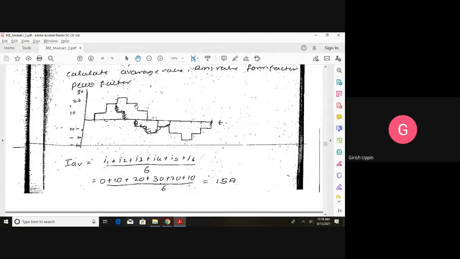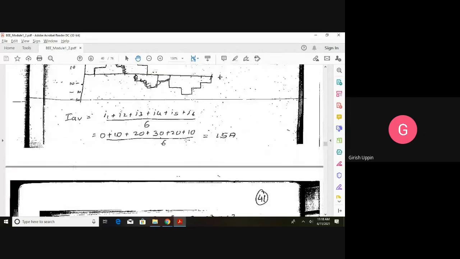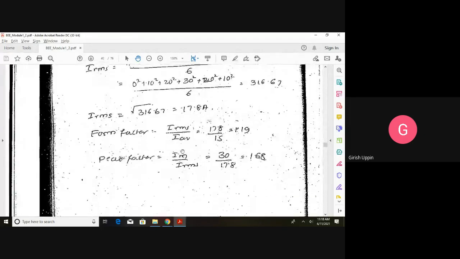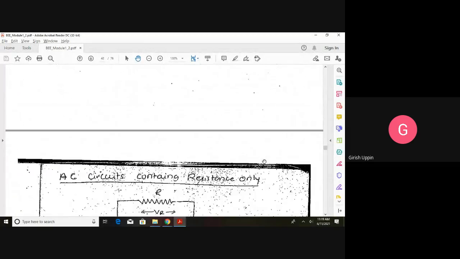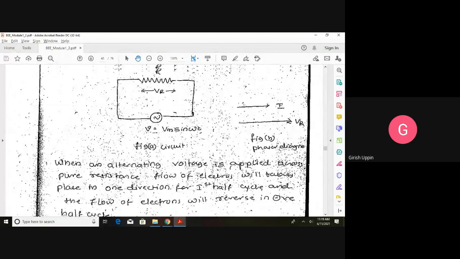This is the positive peak, then this is the negative peak. So peak factor Im by IRMS is equal to 30 by 17.8. We get it as 1.68. Okay, that completes module 1.